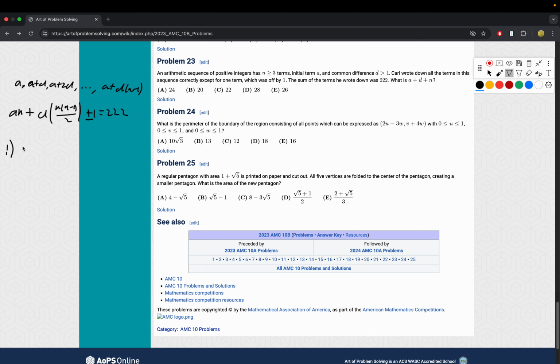Our first case is when the sum equals minus 1, and multiplied by 2, so 442. And the second case is when 2an plus dn times n minus 1 equals plus 1, and 446.